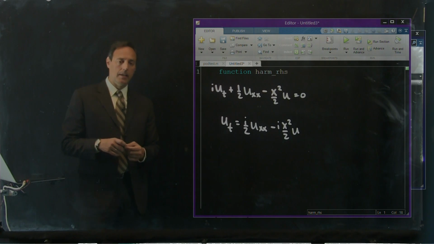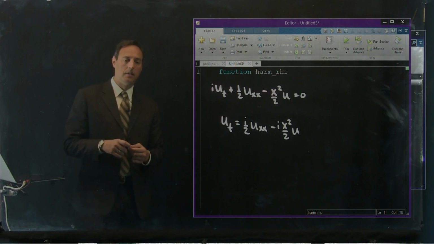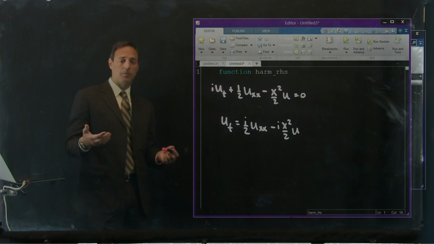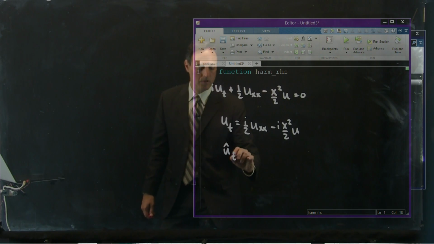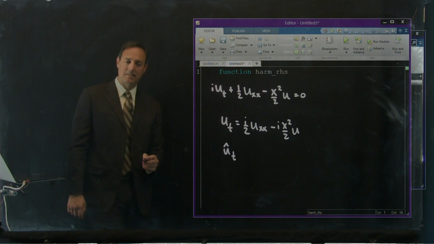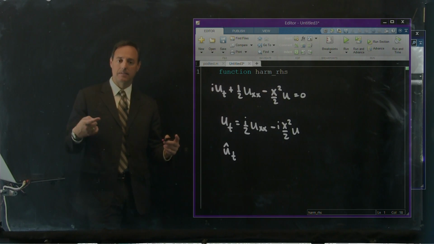And so now what I want to do is Fourier transform everything. The Fourier transform will be represented by a hat. So this is Fourier transform in x.